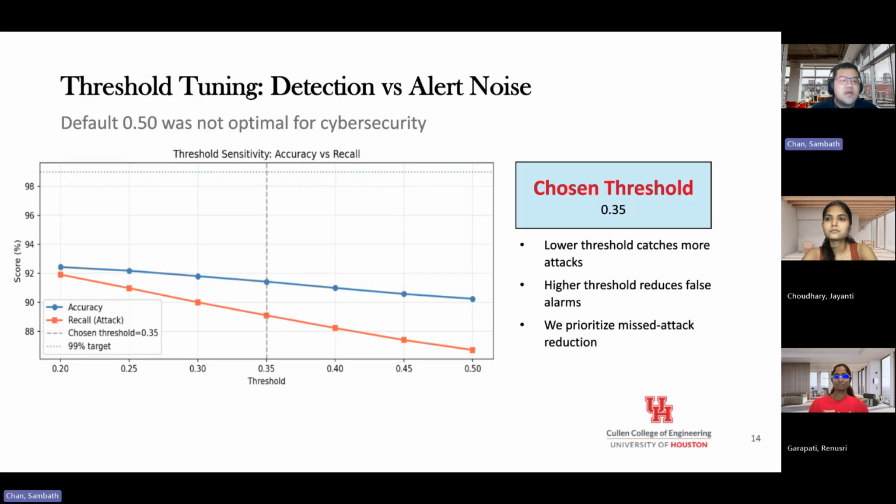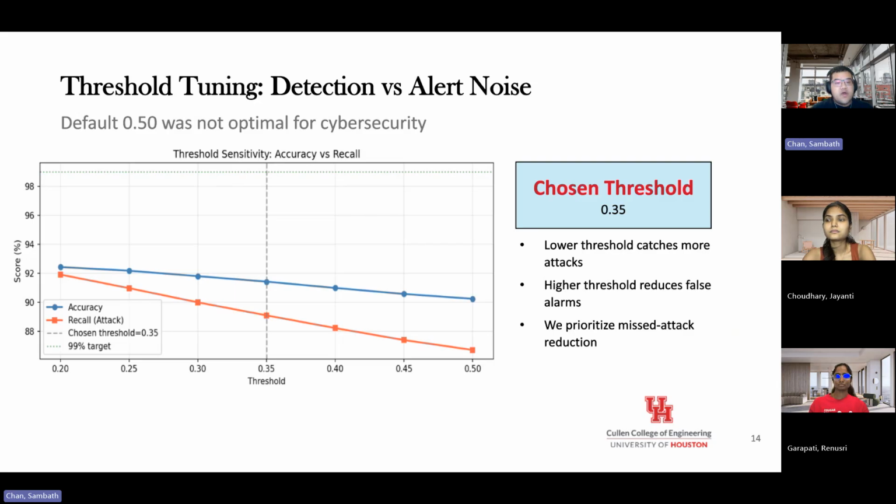The next slide is about threshold tuning, detection versus alert noise. Before, we used the default threshold of 0.5, and we thought it was a good idea for our project. But after that, we found that it is not ideal for security tasks. So we lowered the threshold from 0.5 to 0.35, which allows the model to catch more attacks.